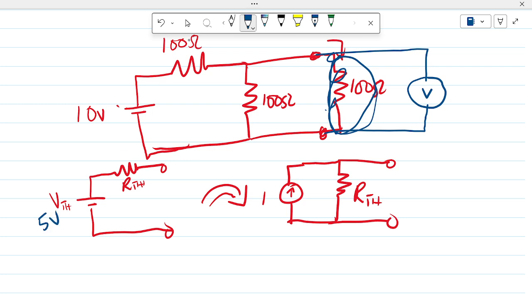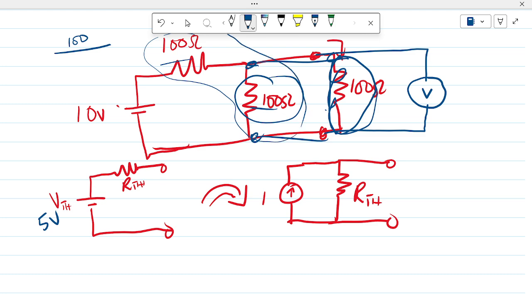You can see that voltage divider, that's 100, this 100, because the voltage here is what we are going to measure with our voltmeter, over the sum, because the two are in series, times the 10 volts they are sharing. So this guy gets 5 volts, this guy gets 5 volts, and that's what our voltmeter will see, 5 volts. And that's our Thevenin voltage, 5 volts.